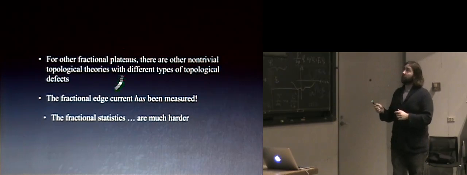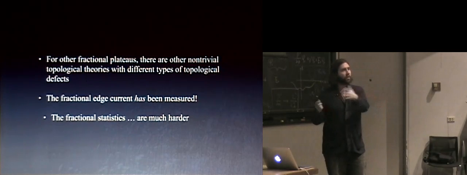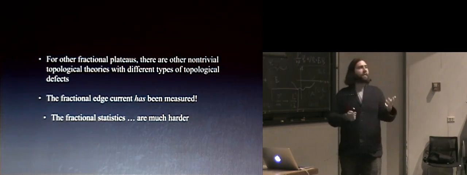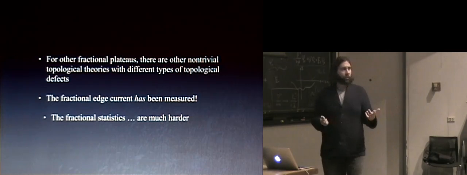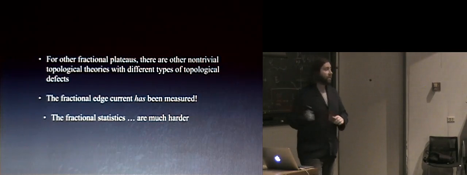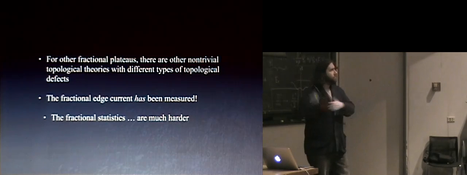Something else that I want to emphasize is that for this 1/3 state, because we had this beautiful guess for the wave function, we knew uniquely what the topological theory was, right? Because we knew what the wave function was. There are plenty of states where those nice arguments don't work. So for the 1/5 state, you can just follow through this.